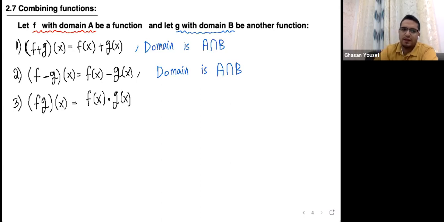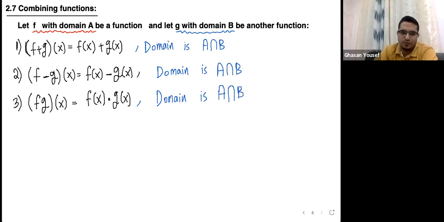And again, the domain of the product between the two functions is the same as before. The domain is the intersection, the set A intersect the set B.